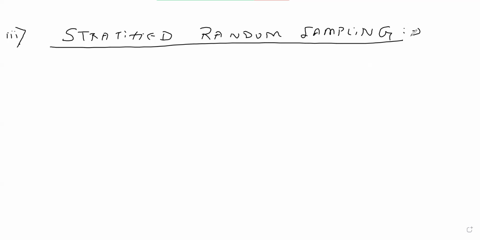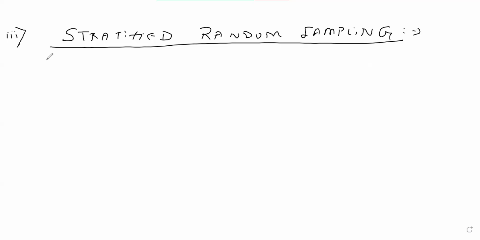You use simple random sampling when your population is homogeneous. Homogeneous means all items in the population are very similar, they're alike. But if your population consists of diversity, of observations which are quite different from each other, then you conduct stratified random sampling.